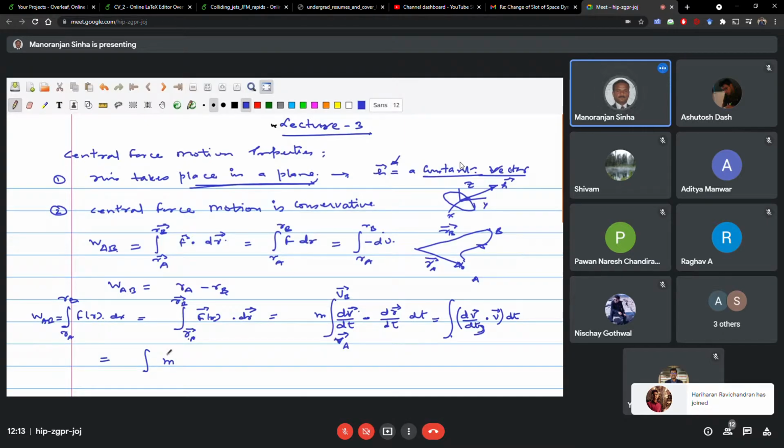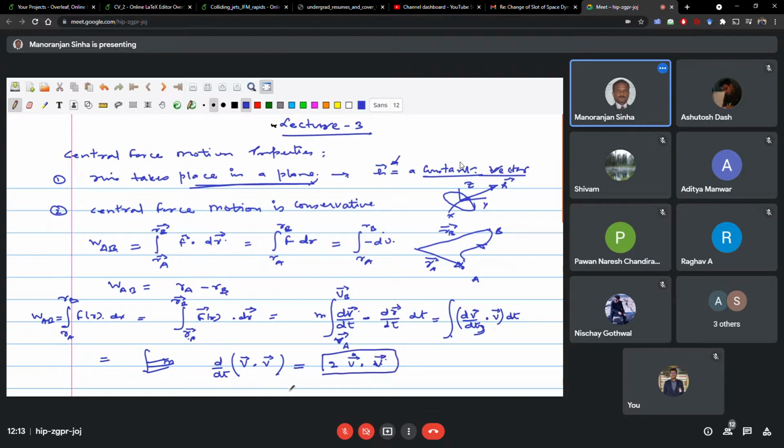The first idea can be to just differentiate V dot V, this will be 2 times V dot dV. So you can write simply here 1 by 2 times d by dt of V squared, dt. Or directly you can cancel this dt and this dt, and therefore this can be written in terms of V dot dV.